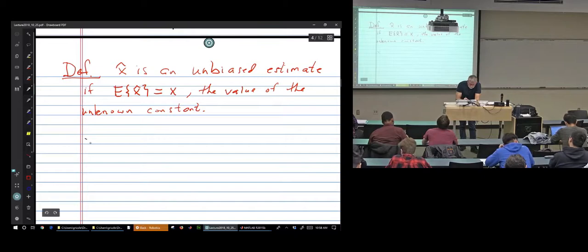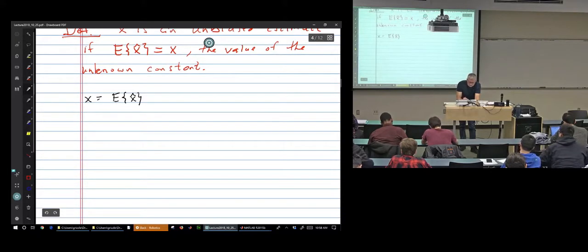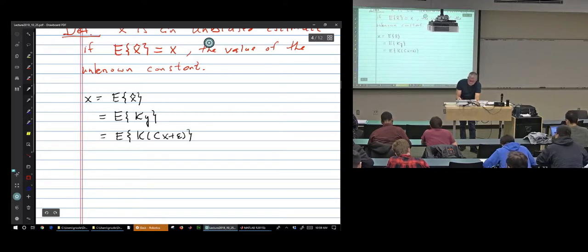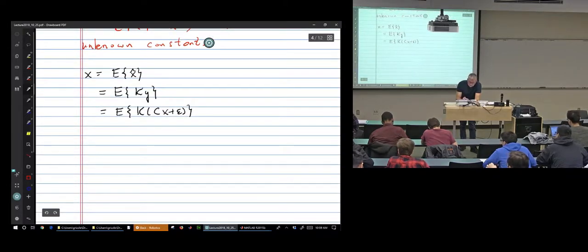So if we have x equal to the expected value of this estimate, and this expected value is K times y, and so that's K times, and y was Cx plus the noise that's perturbing our measurement, Cx.